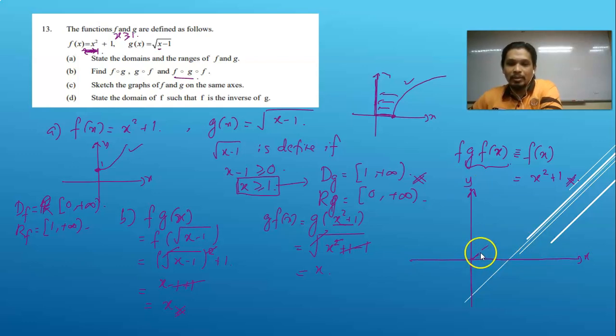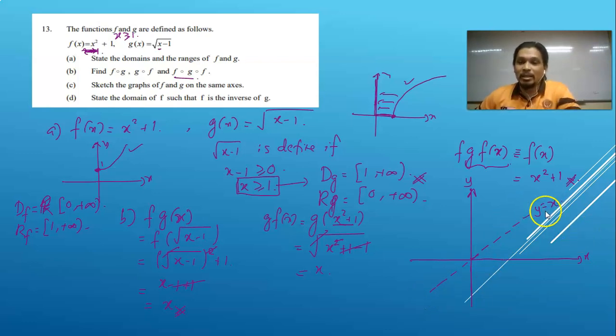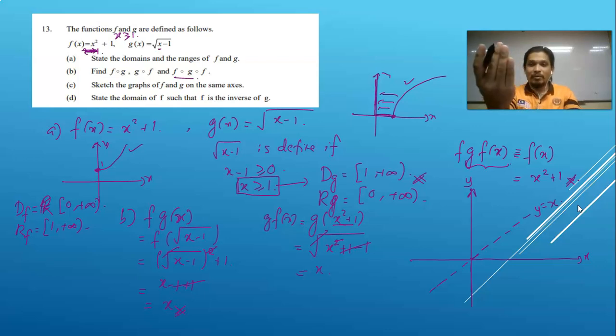We make a line of y equal to x. This line of y equal to x is just like a reflective mirror, meaning that if you stand here and you're facing a mirror in front of you and you see the image opposite of you, the distance from you, the object, to the mirror equals the distance from the mirror to the image.